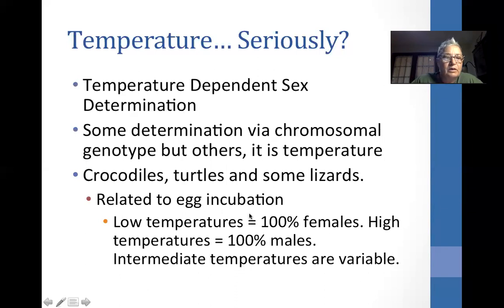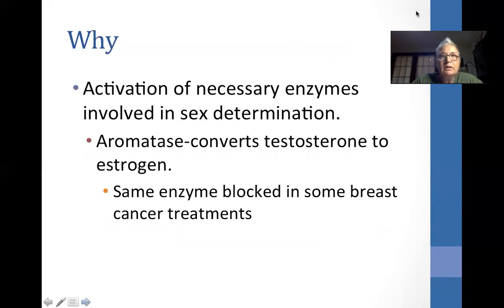But what is really interesting is why, and I think it's the activation of necessary enzymes that are involved in sex determination. Enzymes in your body like a certain body temperature, like your body temperature is tightly controlled, and the reason is because for your biochemistry to do chemical reactions, the temperature's got to be right.